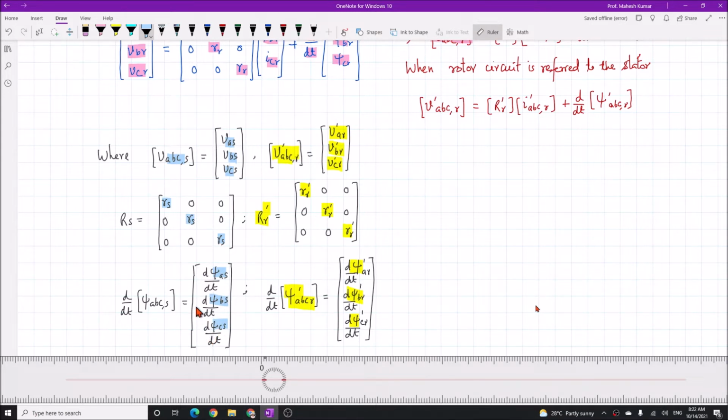After knowing this, we have to think of simplifying this term, and we need to express it in terms of the impedance parameters or circuit parameters of the machine. So flux linkages have to be related to the parameters of the machine using the self inductance and the mutual inductance.